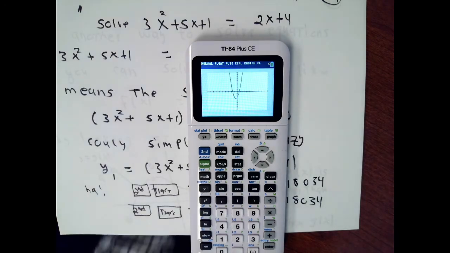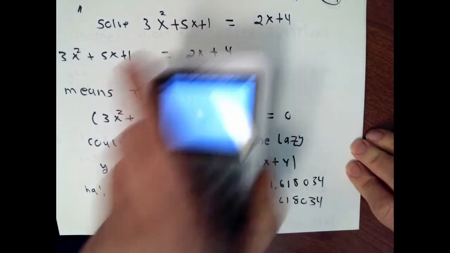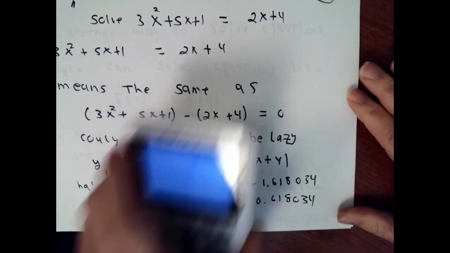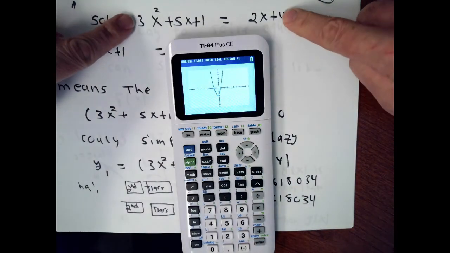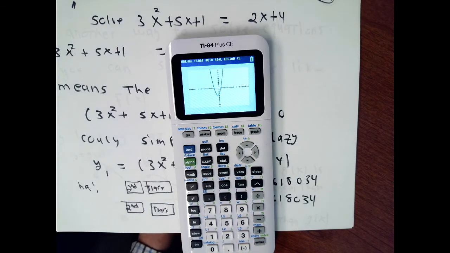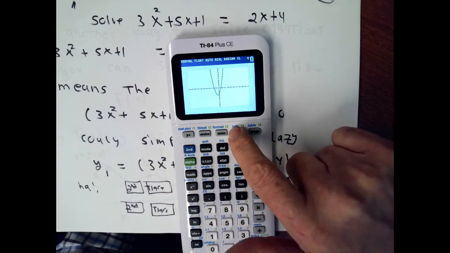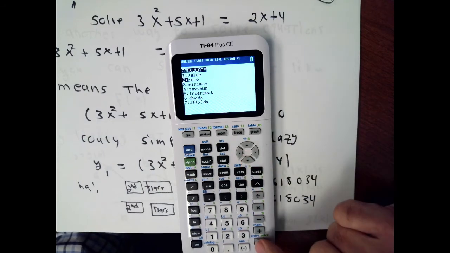The places where that cuts across the x-axis are the x's where y1 is going to be 0, but y1 is the difference between these two things. If y1 is 0, these two things are equal to each other. So I'll do my usual business here, looking for the 0 of a function.